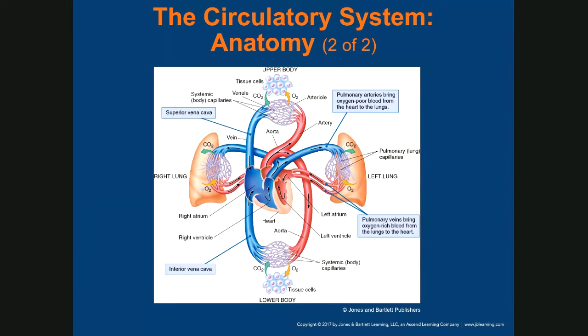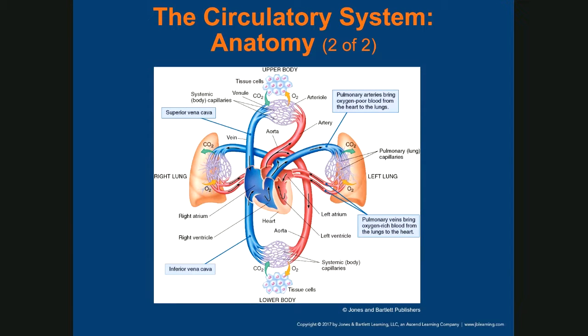We also discussed the blood vessels, which are the pipes, right? We looked at the arteries, the largest artery in the body, which is the aorta, and the smallest arterioles. We looked at the direction of flow.